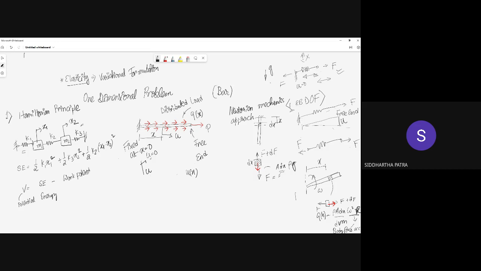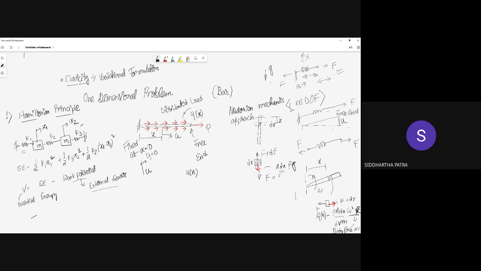Now, the work potential would only be there if there is an external source. Here we are learning something new, the Hamiltonian principle, so everything I say, you'll have to take my word. There is something called work potential, which would only be there if there is an external force. But here we are talking about natural vibration of the system, so there is no work potential.